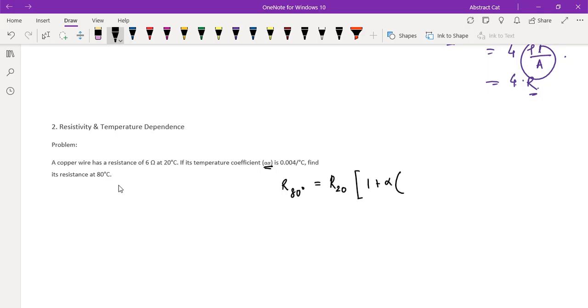The temperature difference is 80 minus 20. R20 is given, that is 6 ohm, and alpha is given, 0.004, times 60.